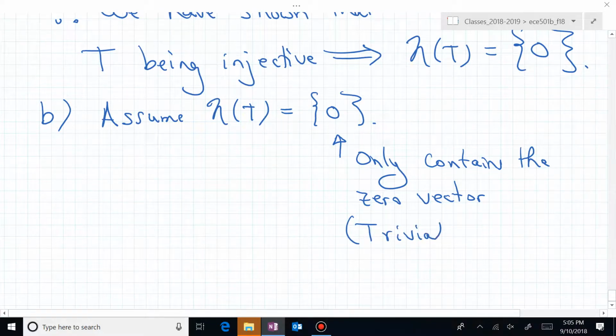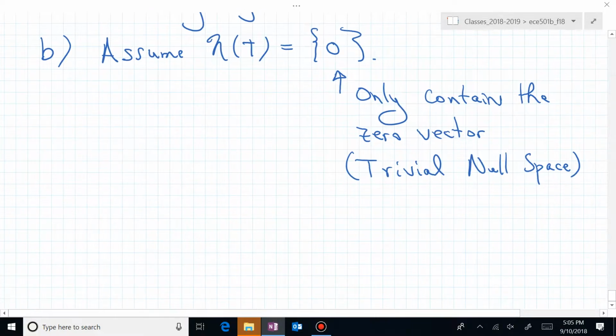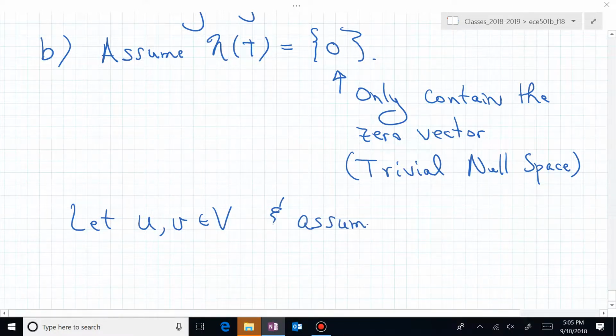This is what I'm calling a trivial null space. So now let's let u and v be coming from our domain, and let's assume that T of u equals T of v. That's an assumption.